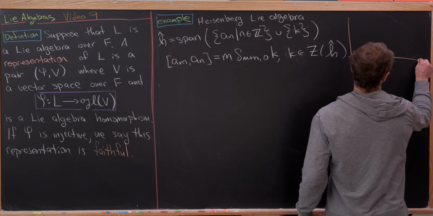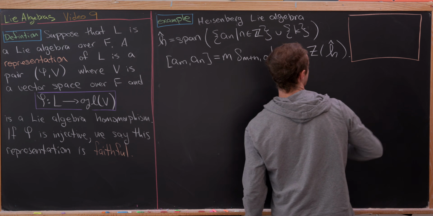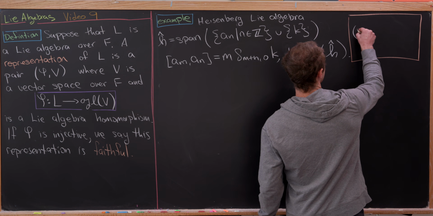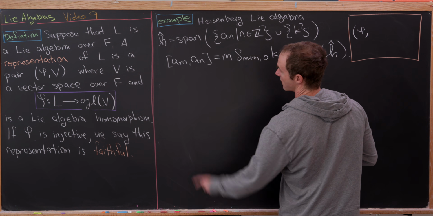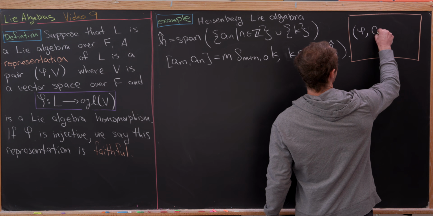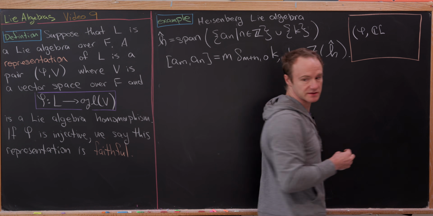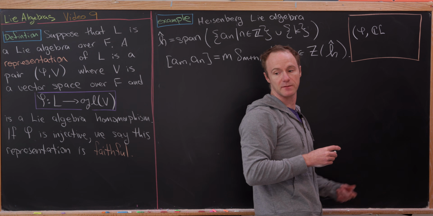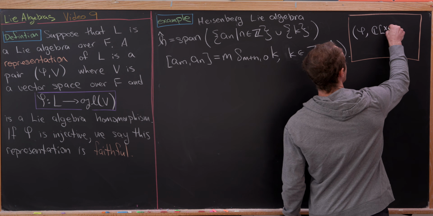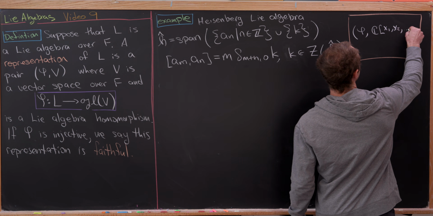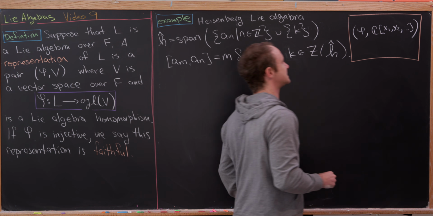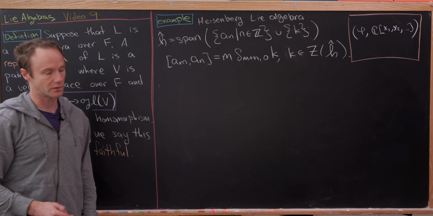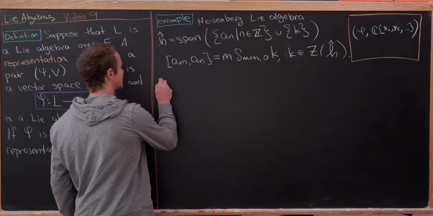So we'll take our representation to be the following. It'll be an ordered pair, phi, and then the vector space here will be the set of polynomials, and I'll call those polynomials taking coefficients from C, complex numbers, and we'll have infinitely many variables, x1, x2, and so on and so forth. And how are we going to define this?